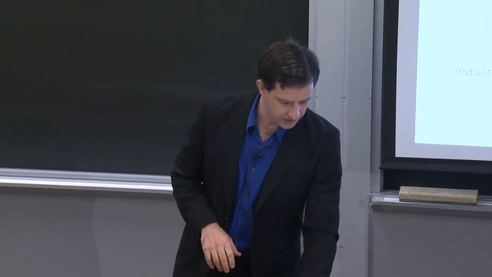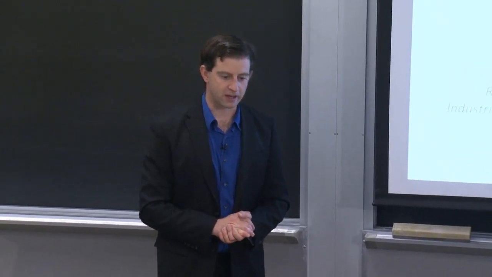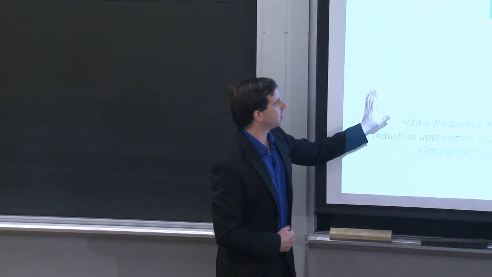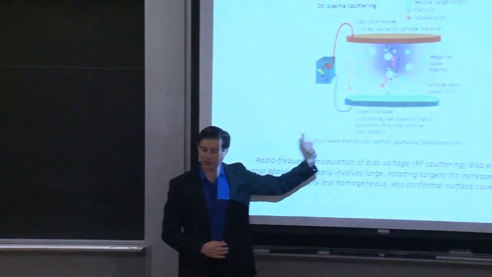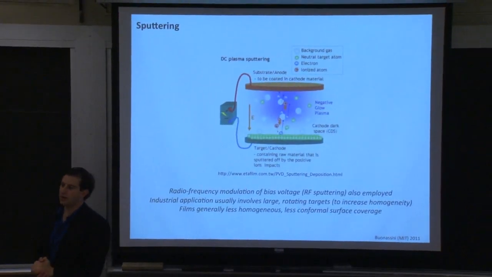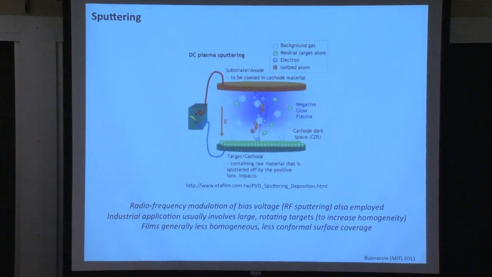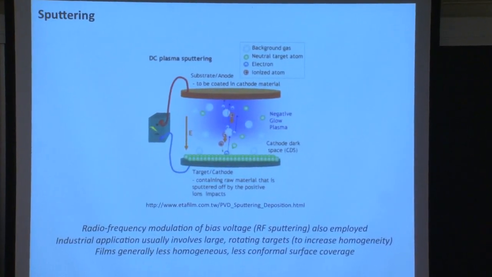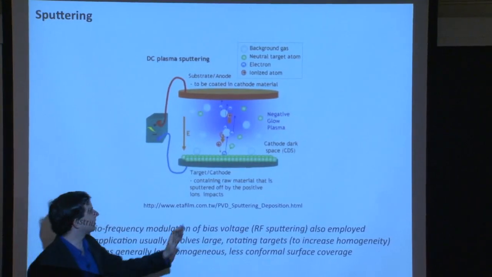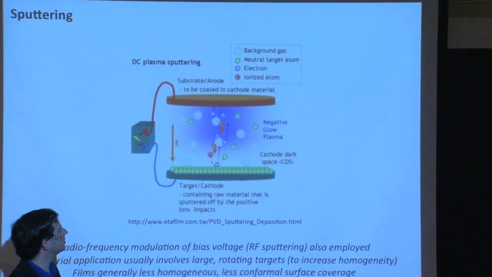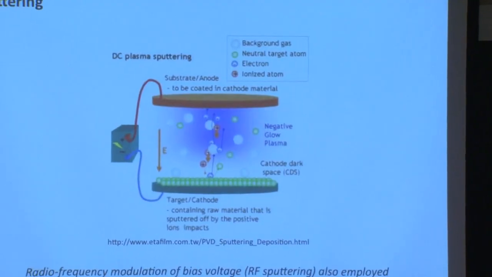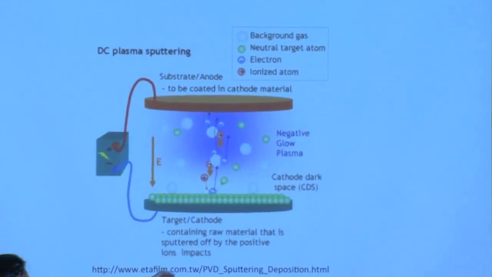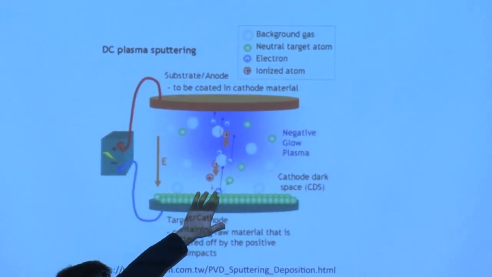So let's go into a few examples of these vacuum-based deposition systems. Within the PVD techniques, within the physical vapor deposition techniques, one of the most commonly used in manufacturing, at least in some startups, you have examples like Miasolé, is sputtering. And the sputtering process is essentially very straightforward. You have a plasma. The plasma consists of atoms that are charged.